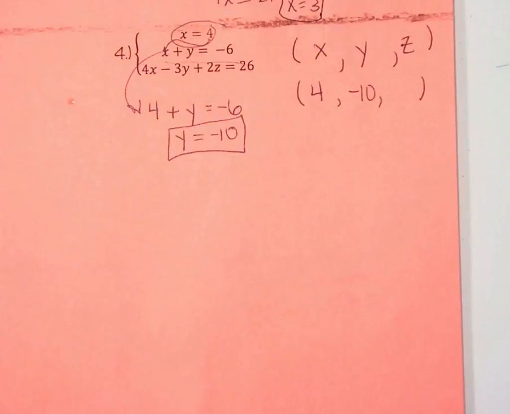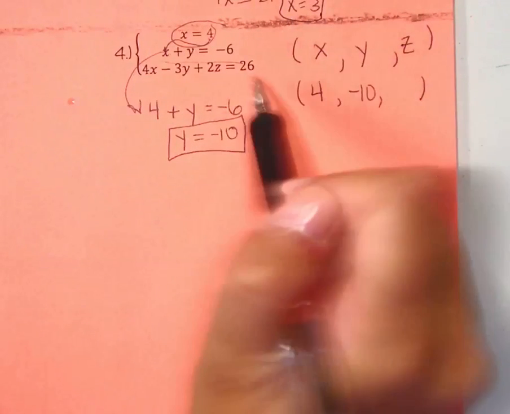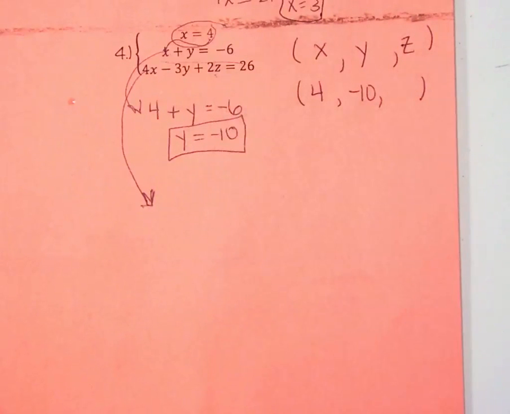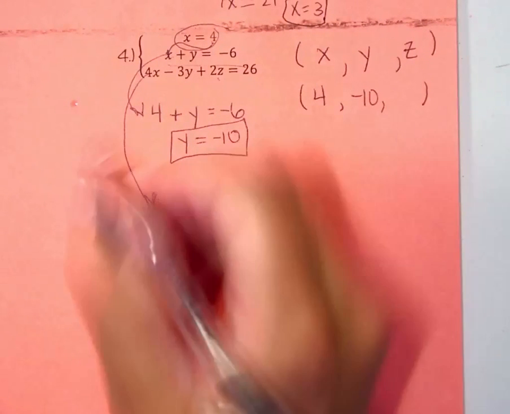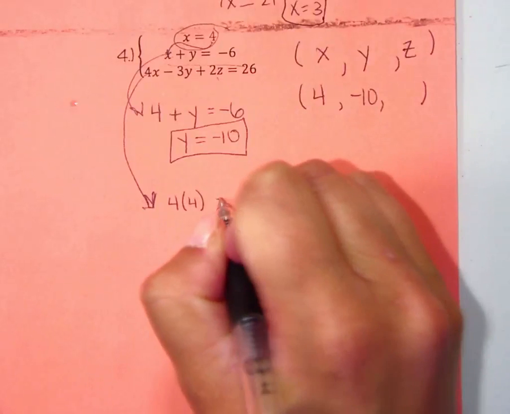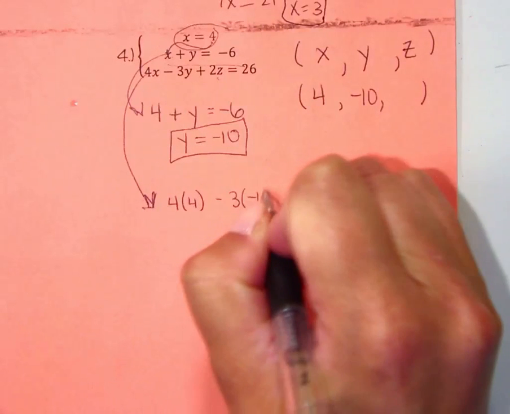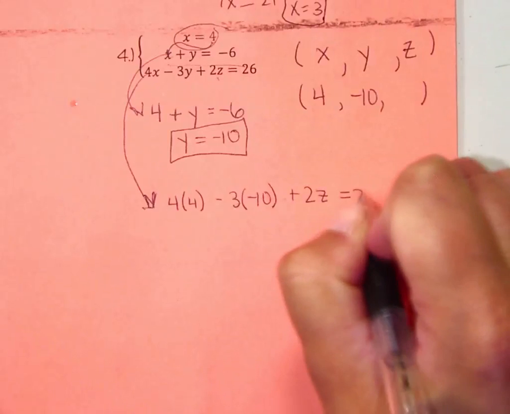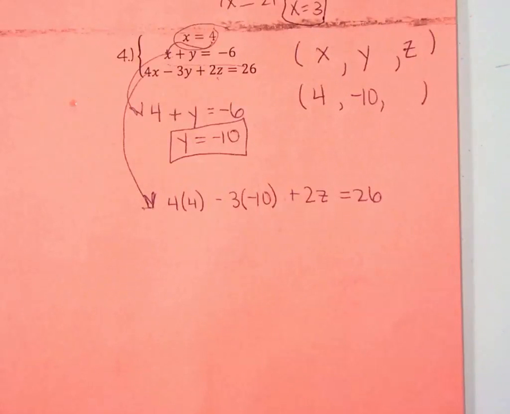And then what do you think we're going to do to find z? Plug both x and y into that third equation, and then we'll only have z to solve for. So this will be 4 times 4 minus 3 times -10 plus 2z equals 26.